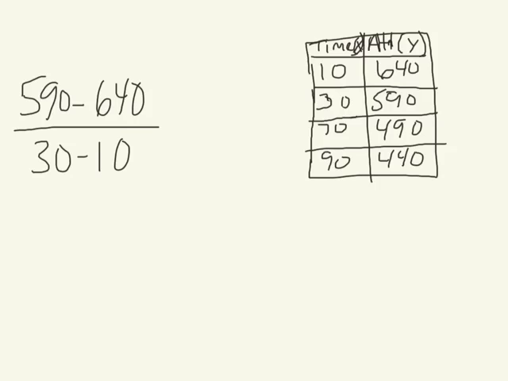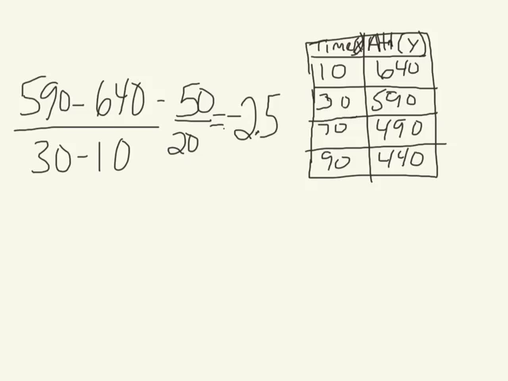Now, when we subtract those together, 590 minus 640 is going to be negative 50 over 20, which could be simplified since we have a ratio here to negative 2.5. Now, this is negative 2.5, because that's negative 50.